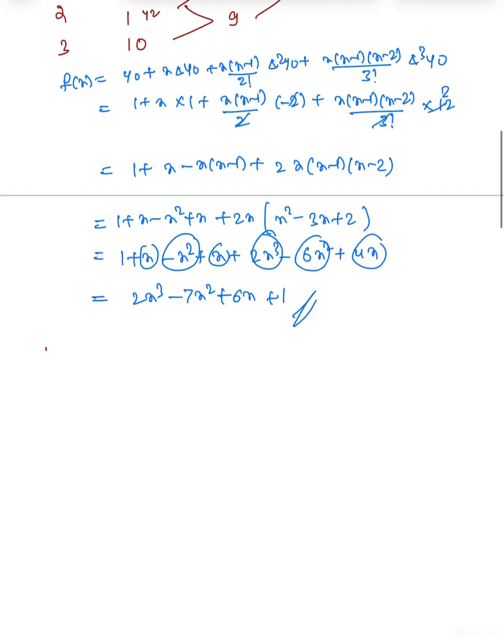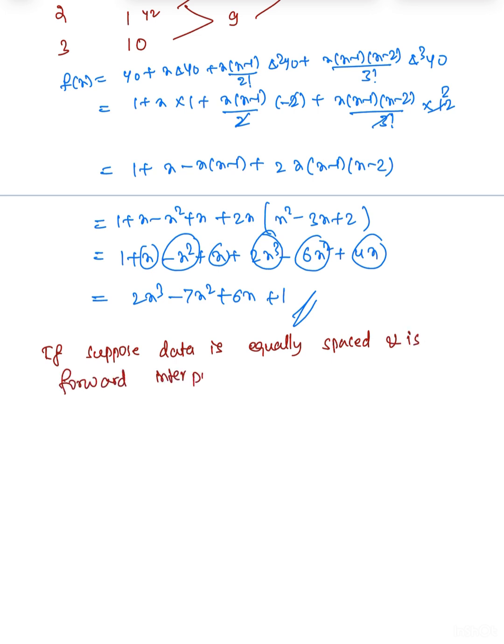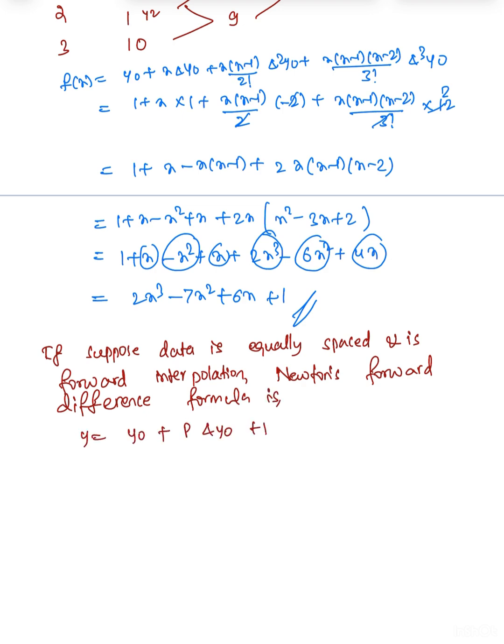How do we write it? If the data is equally spaced and is forward interpolation, Newton's forward difference formula is given by y is equal to y naught plus p into delta y naught plus p into p minus 1 by 2 factorial delta square y naught plus p into p minus 1, p minus 2 by 3 factorial into delta cube of y naught and so on.